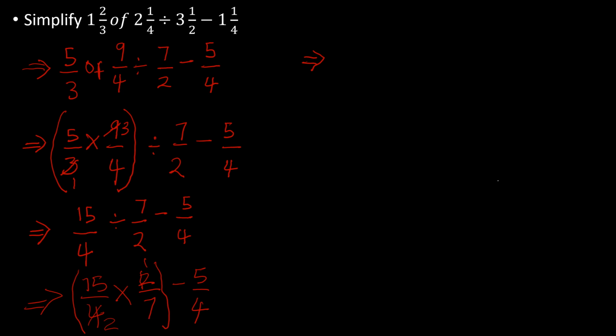If we multiply 15 by 1, we have 15 over, and if we multiply 2 by 7, we have 14. So 15 over 14, minus 5 over 4.